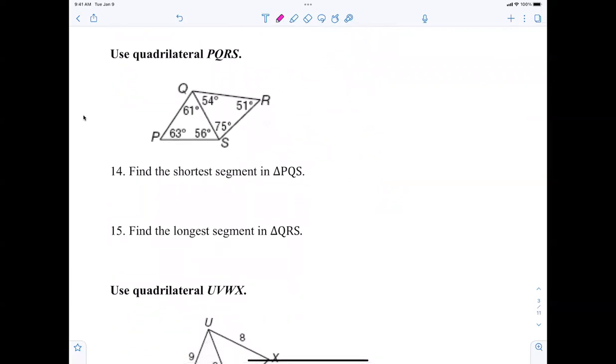now we're talking about the quadrilateral here. All right. So I got it right this time. So now let's just look at triangle PQS. What's the shortest segment?